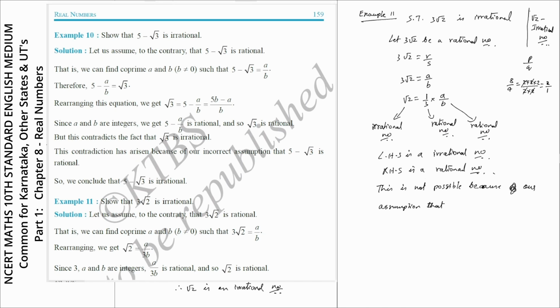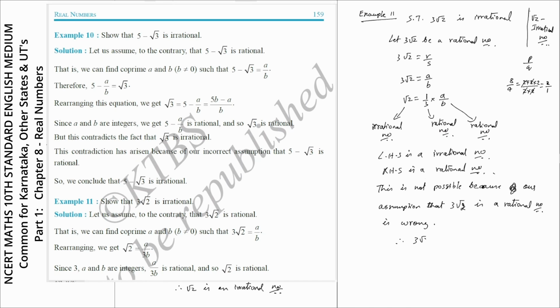What had we assumed? We assumed that 3 root 2 is a rational number, right? So this assumption itself is wrong. This is not possible because our assumption that 3 root 2 is a rational number is wrong. So if our assumption is wrong, then what is right?